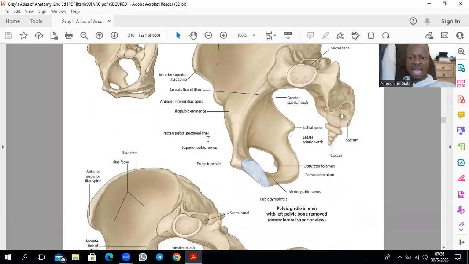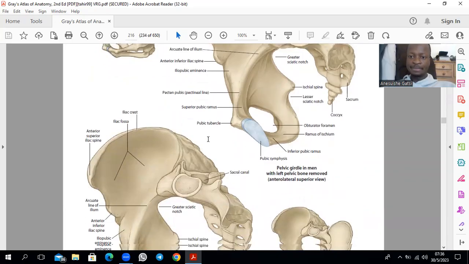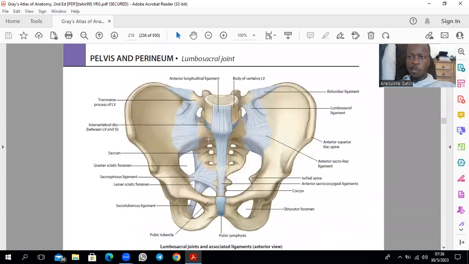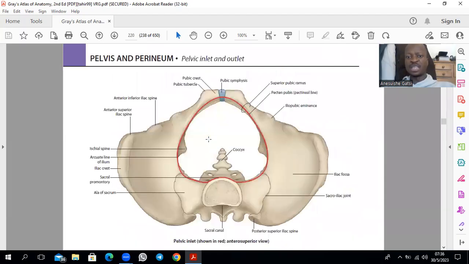Then I won't dwell much on this, but you also need to appreciate the differences between the male pelvis and the female pelvis.